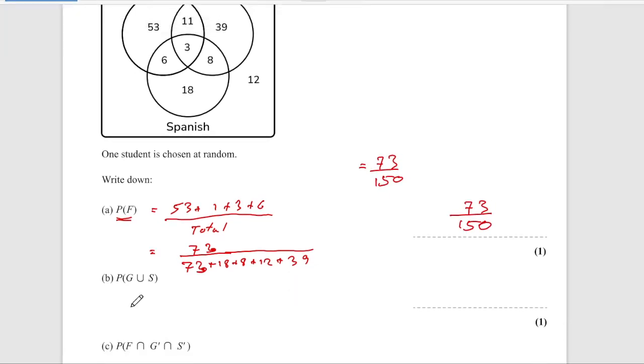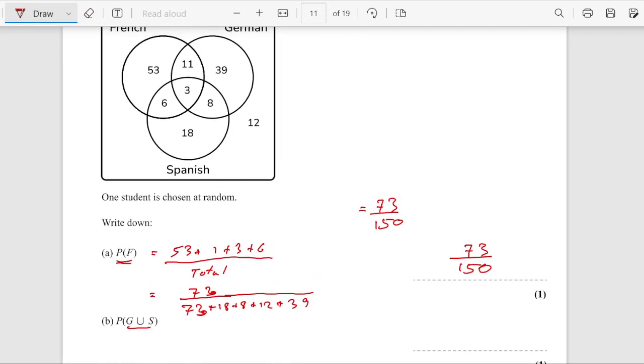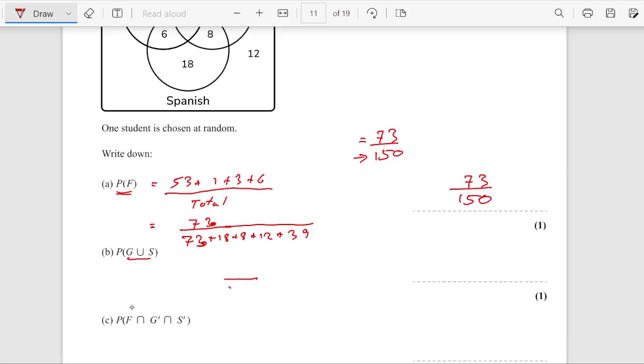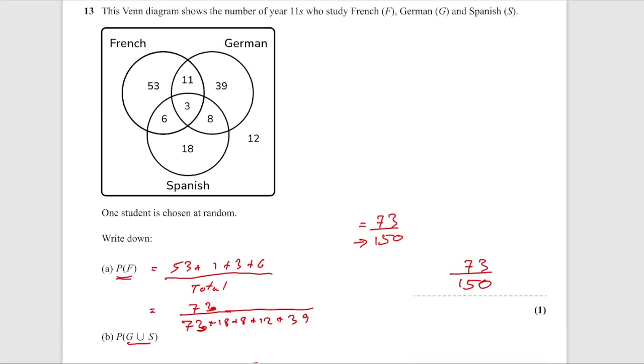Probability that they're in the union of G and S. So we're going to still stick with the fact that we've got 153. Sorry, 150. And then the union of G and S. So the union of G and S is going to be 11 students. No, the union is all of them. So it's going to be G and S, so all of these numbers added together.